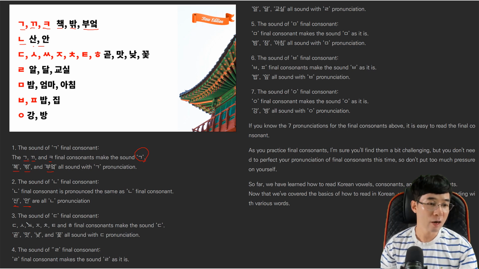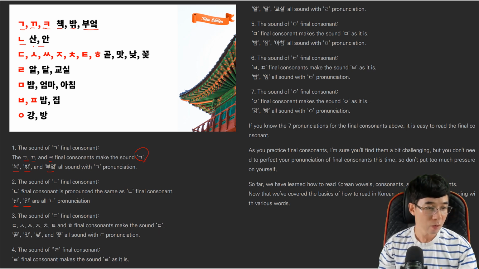Number 3. The sound of 디귿 final consonant. 디귿, 시옷, 쌍시옷, 지읒, 치읒, 티귿, and 히읗 final consonants make the sound 디귿.